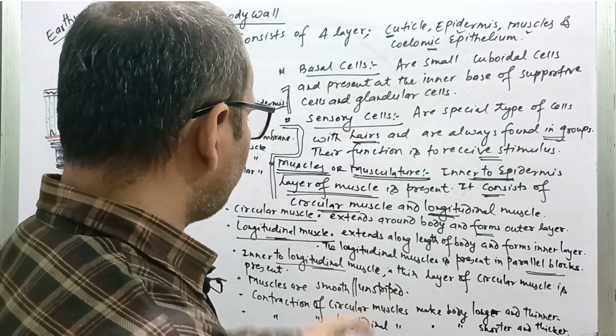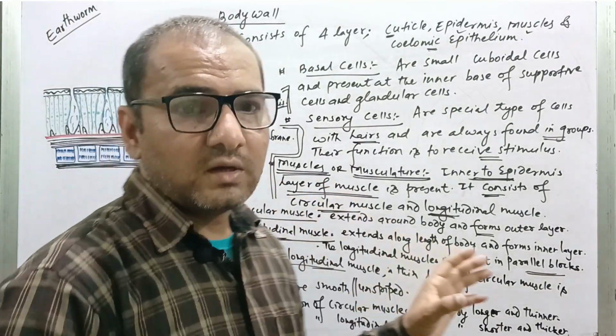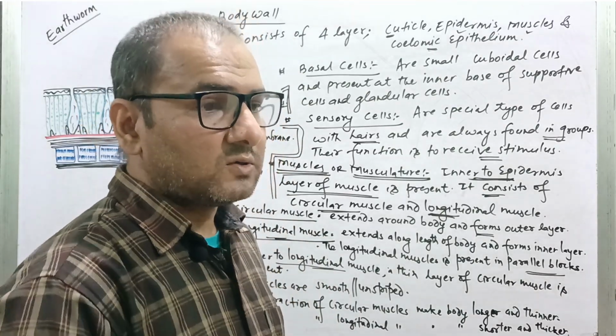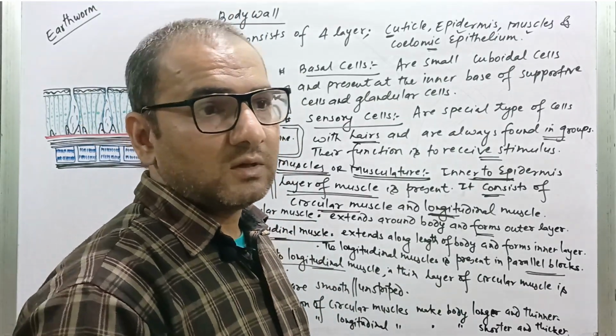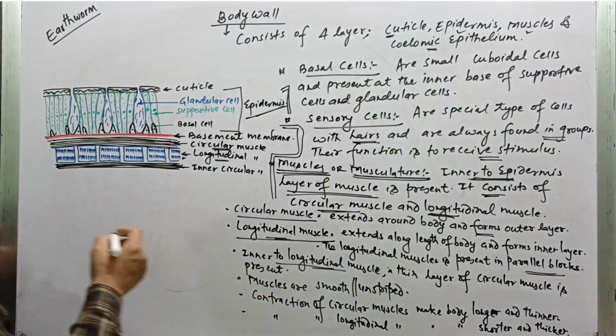That means when circular muscle contracts, the longitudinal muscle relaxes, and when the longitudinal muscle contracts, the circular muscle relaxes. Apart from these two types of muscle, at the part of the body wall where the setae are present, the setal muscles are also present. These are the muscles responsible for regulating the movement of the setae.